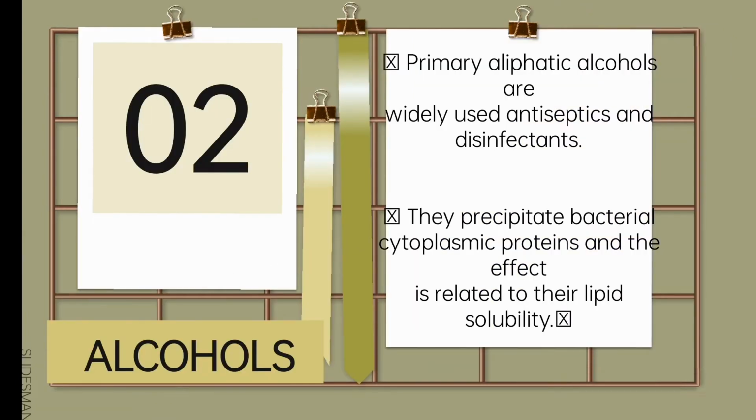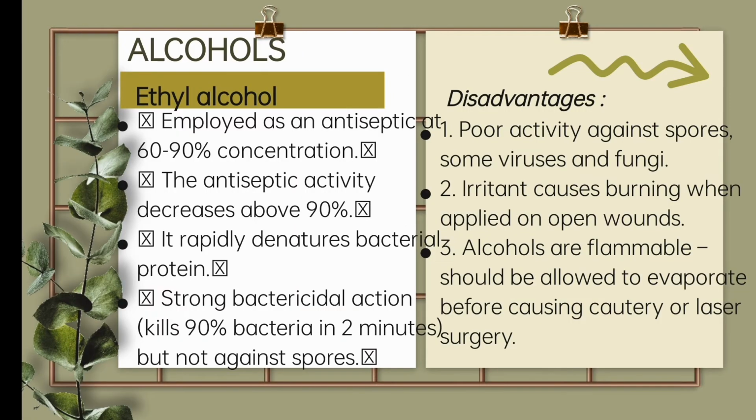Second, alcohols. Primary aliphatic alcohols are widely used antiseptics and disinfectants. They precipitate bacterial cytoplasmic proteins, and the effect is related to their lipid solubility. Ethyl alcohol is employed as an antiseptic at 60 to 90% concentration.